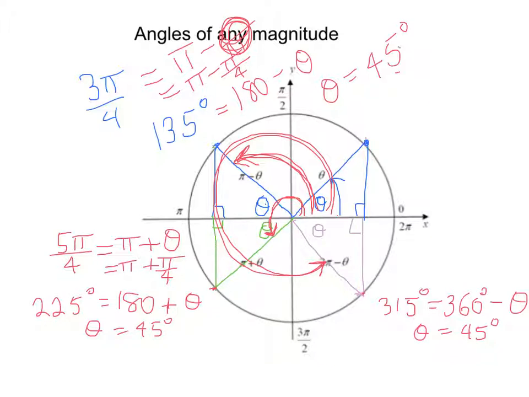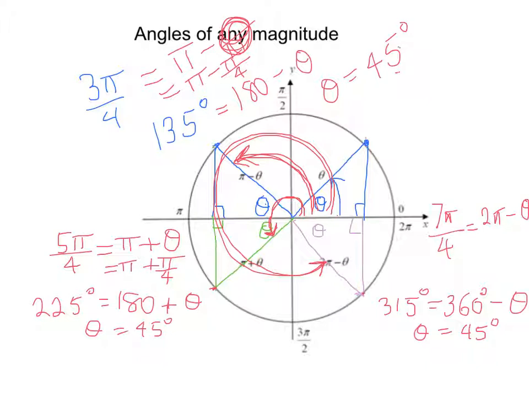Or in radians, 315 degrees, to convert that to radians, it's 315 pi on 180, which is 7 pi on 4. So if we had 7 pi on 4 radians, that's going to be equal to 2 pi minus theta. So what is theta?